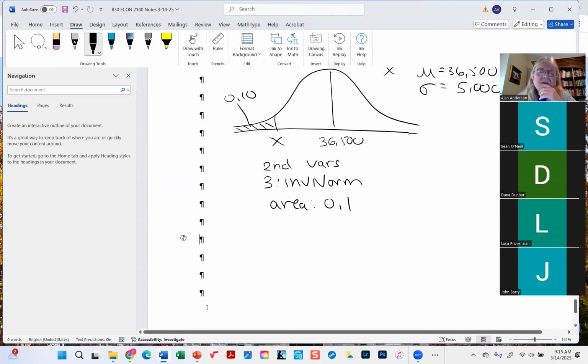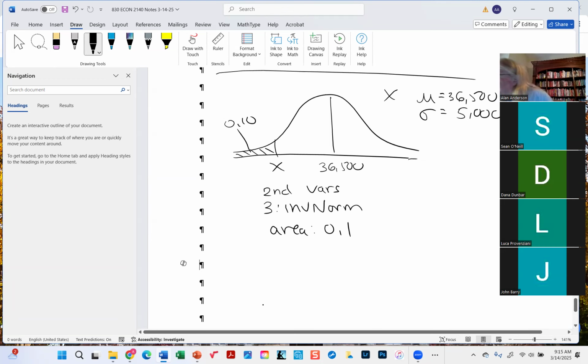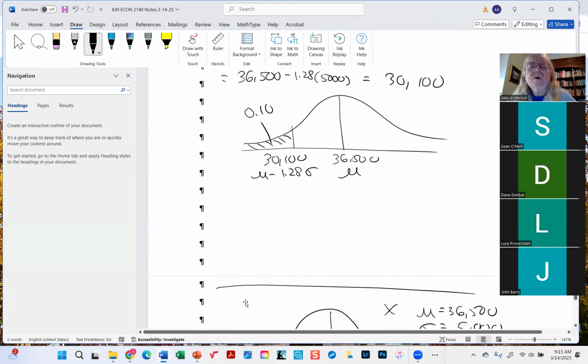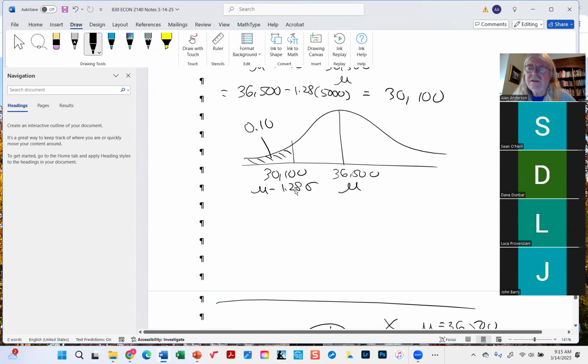Okay. So here's what you're going to do. What's different this time is that instead of the mean of zero and standard deviation of one, we'll use the actual numbers for X. And now there is a slight rounding difference here. The reason is because 1.28 is not exactly correct.